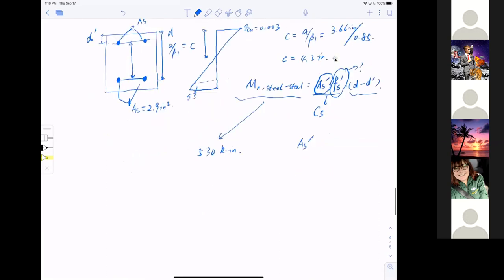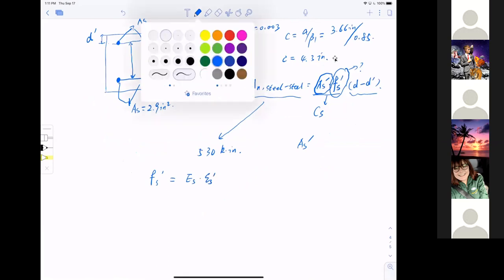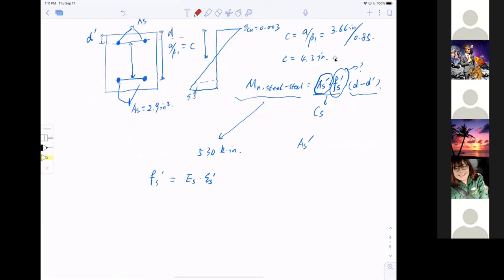So what is Fs prime? Let's do a quick check. Fs prime equals ES, Young's modulus of the steel, multiplied by the strain in the compressive steel, epsilon S prime, which is right here in red.